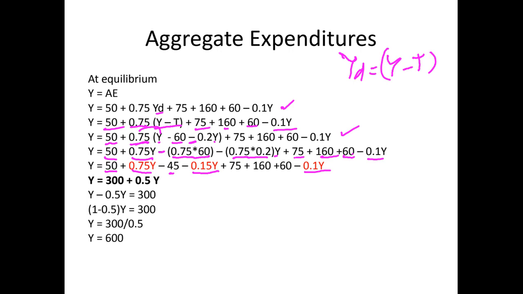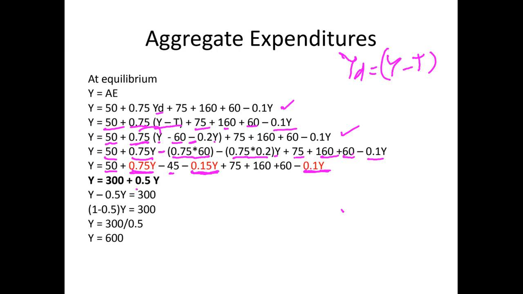So see this, 0.75 and minus 0.15. So you have to subtract 0.15 from 0.75. So it would be 0.6. And there's another 0.1 here with a negative sign. So 0.6 minus 0.1, 0.5. So that is why I wrote 0.5 here.